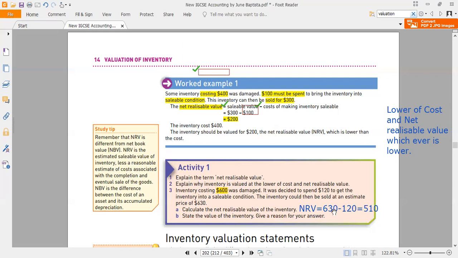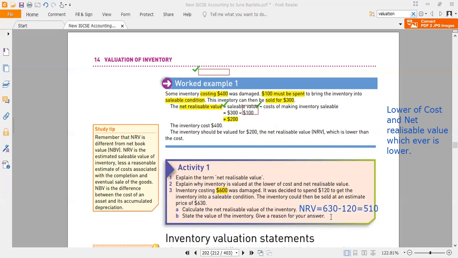The net realizable value we just calculated is 510. So which amount is lower? So this is 510. So how much will you record?